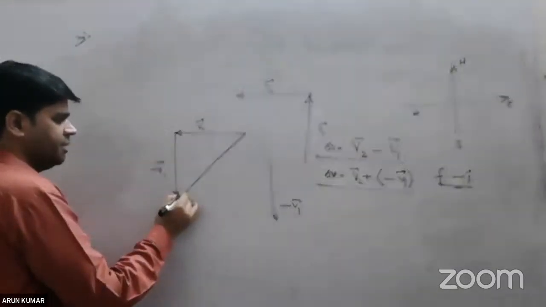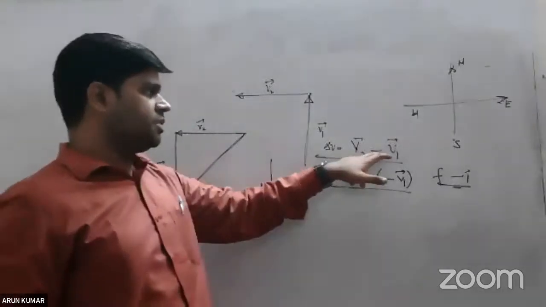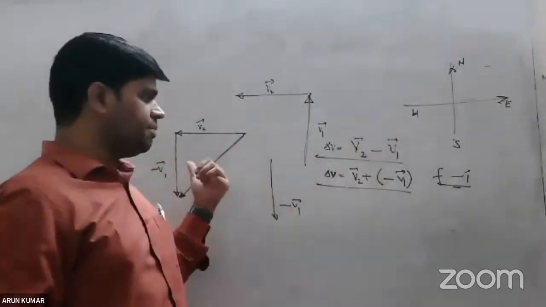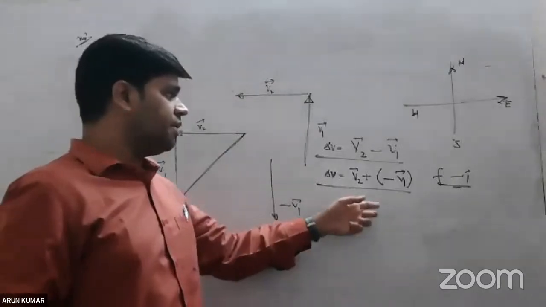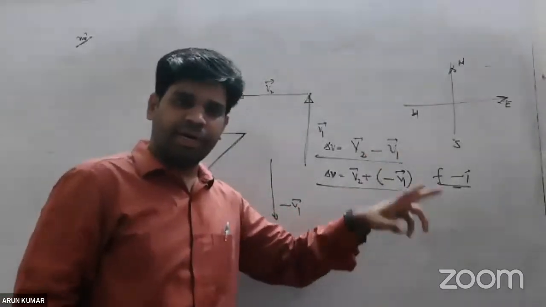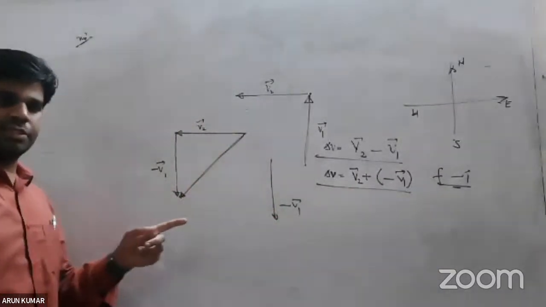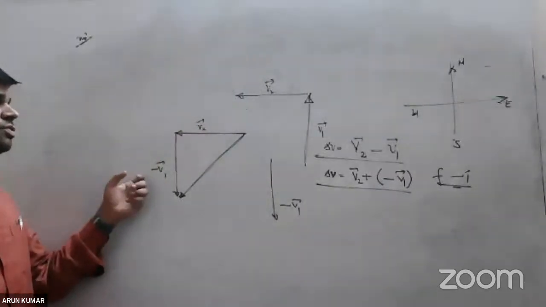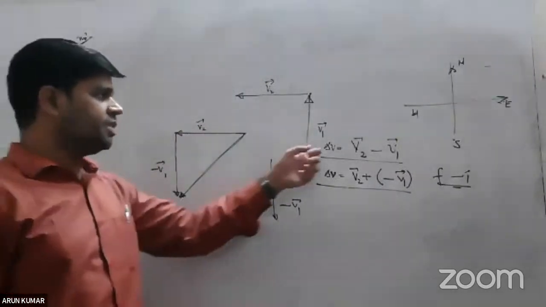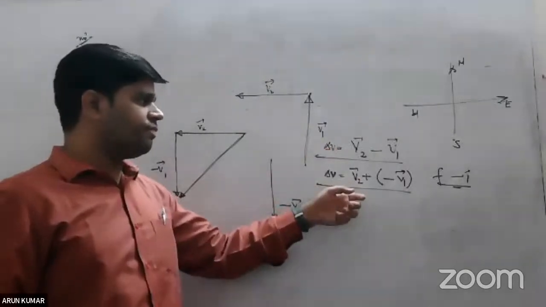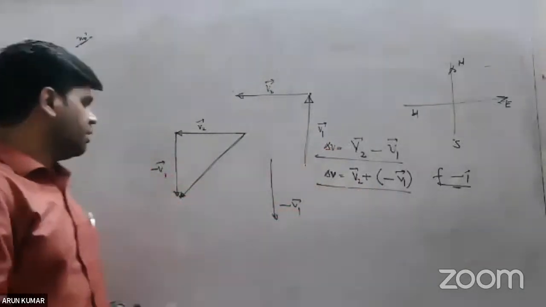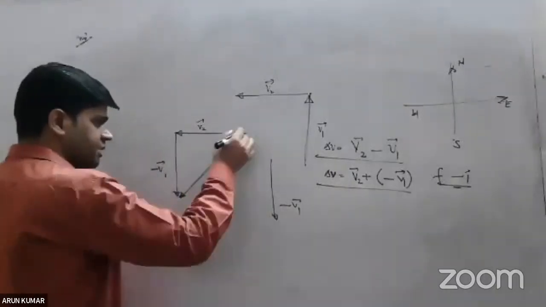I'm actually finding the difference of two vectors, so I'm adding v2 and minus v1, the reversal of v1. So this is my difference.